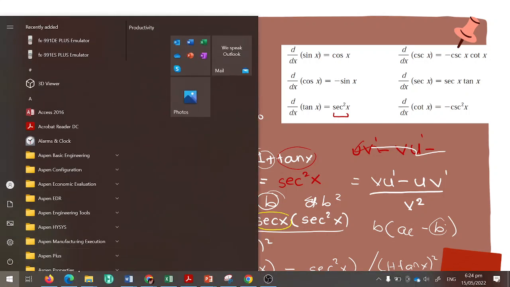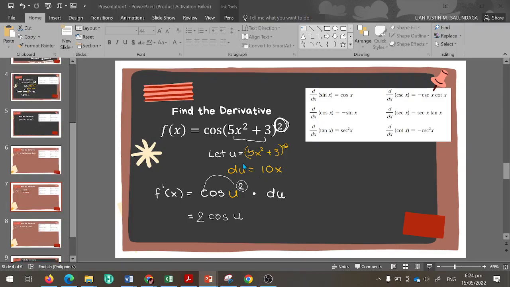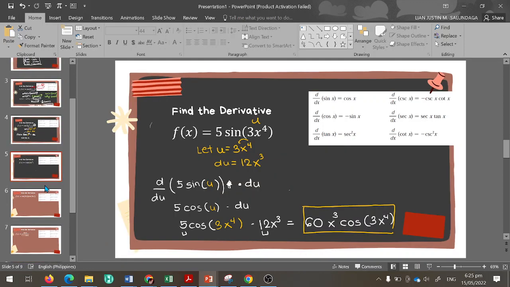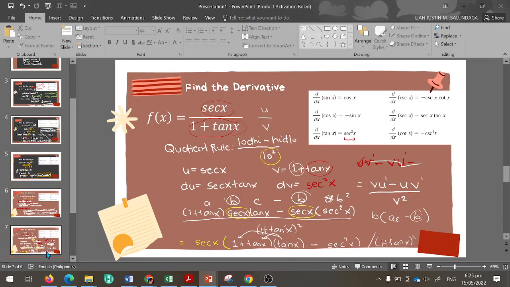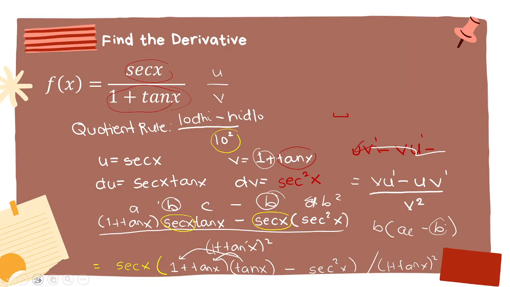You just erase this one. Keep. Paano lang simplify, ha? So, i-copy ko na.